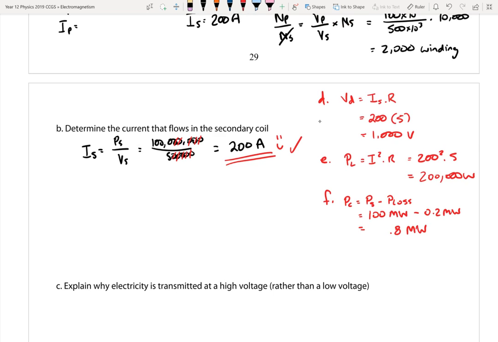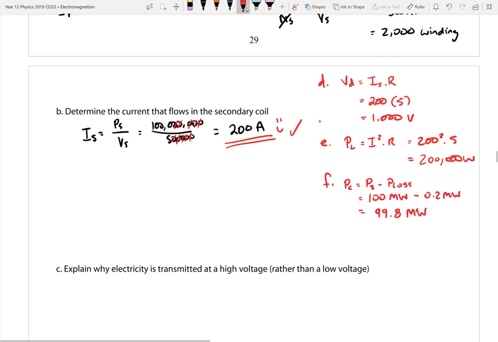Okay, so these values are somewhat significant. 99.8 megawatts gets to the city. And so our voltage drop would be less. 9.8 divided by 2 gives us 499.